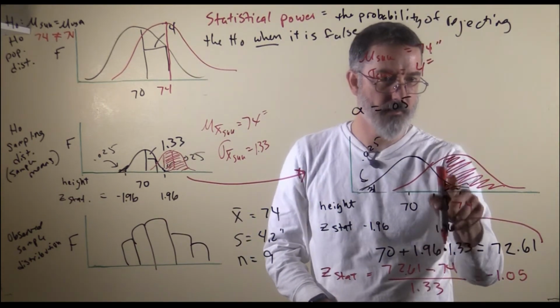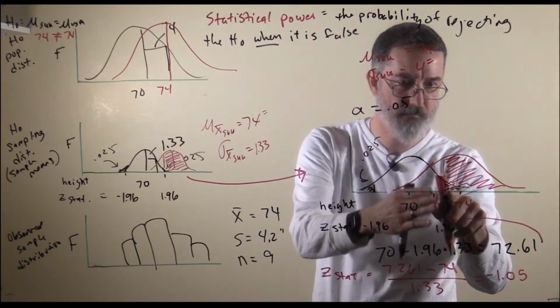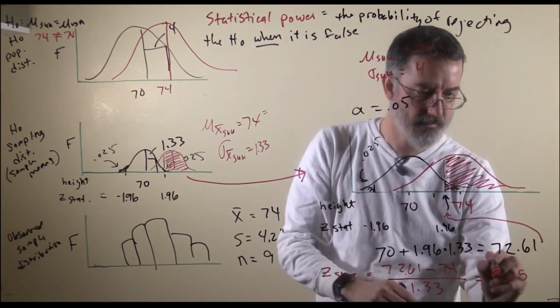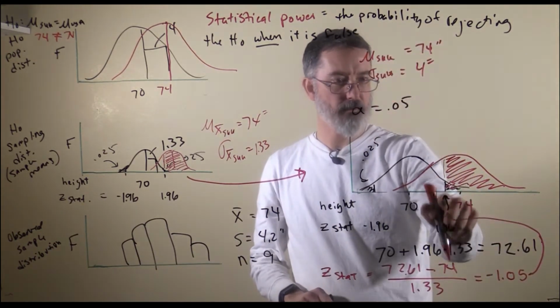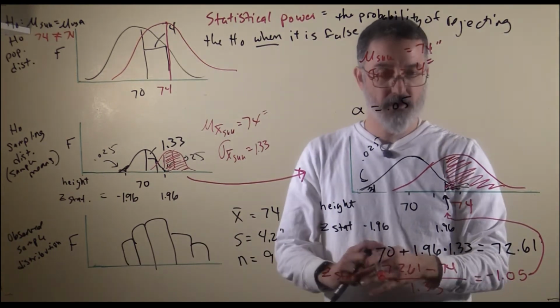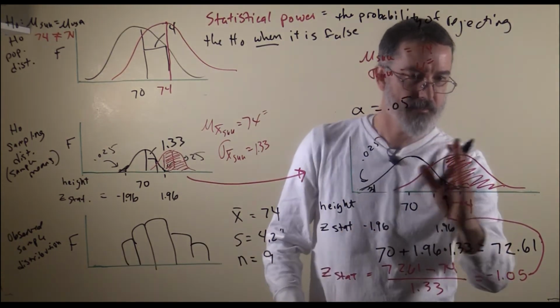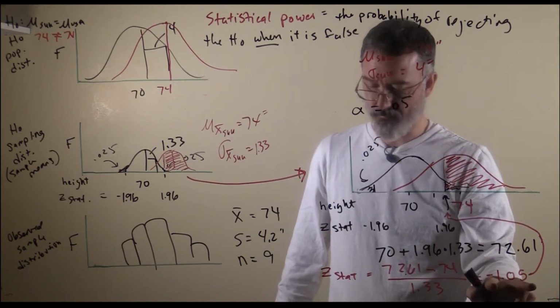Right, so on the red distribution, the Z-score where that critical region's edge is, is negative 1.05. So now we can go to the Z table and figure out what percent is above and below a Z-score of negative 1.05.